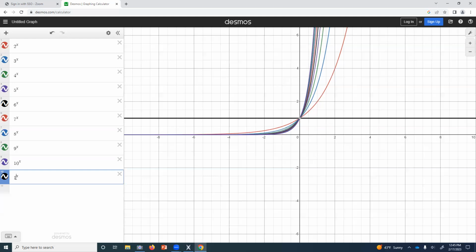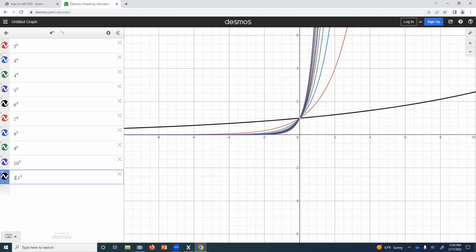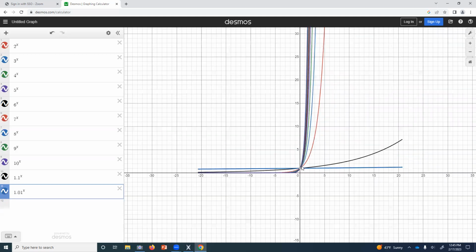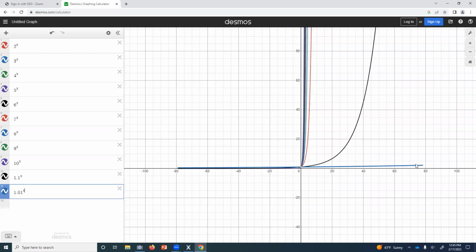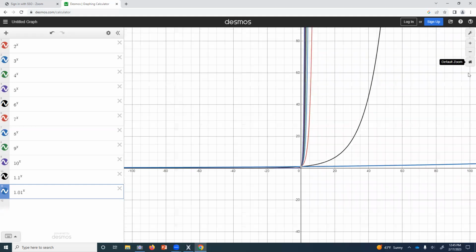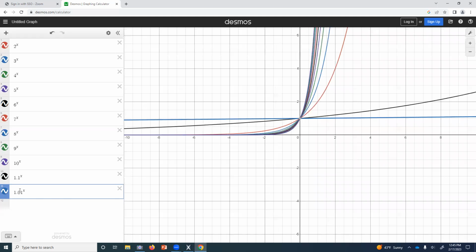It can be 1.1, which is pretty shallow. It can be 1.01, which is even more shallow. It almost looks like a line, but it is going to slightly, ever so slightly, go up.